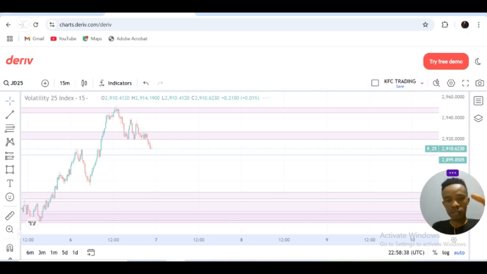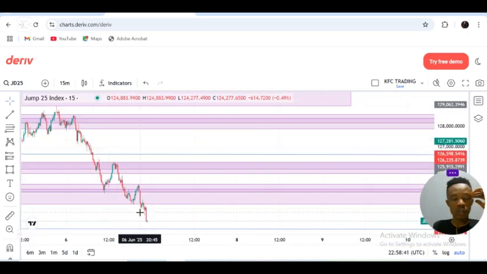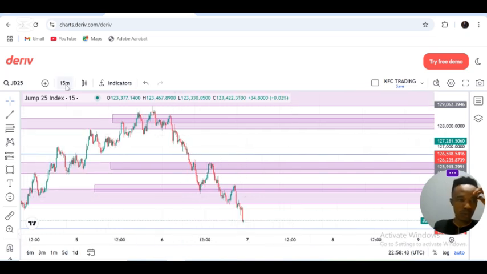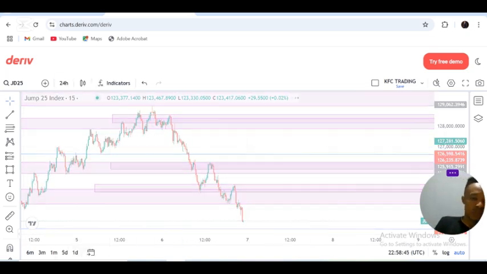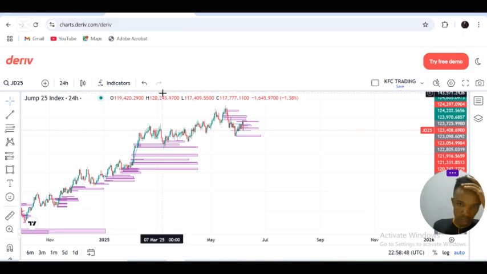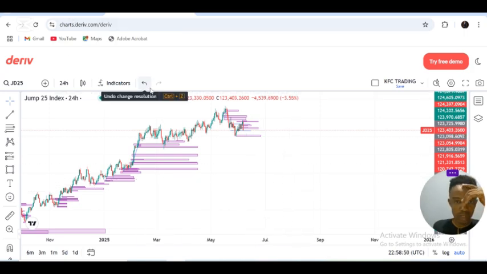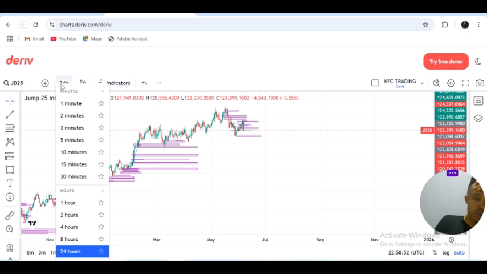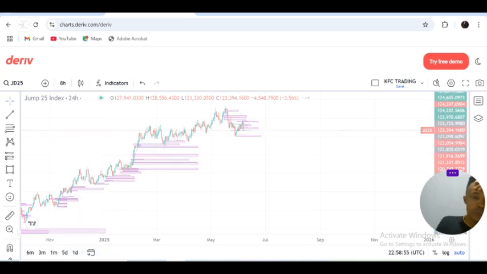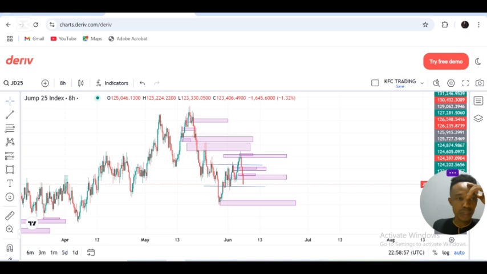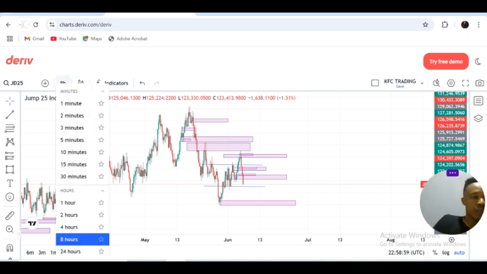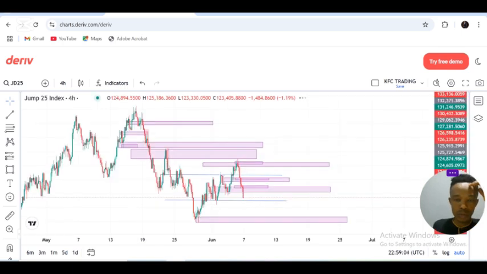This is the free channel, sorry, synthetic. So for the Jump 25, I've done the top down as well, and it's giving me bearish for 24 hours, bearish for 8 hours, and bearish for 4 hours. So I'm just going to wait for my bullish retracement and my bearish entry to confirm that.